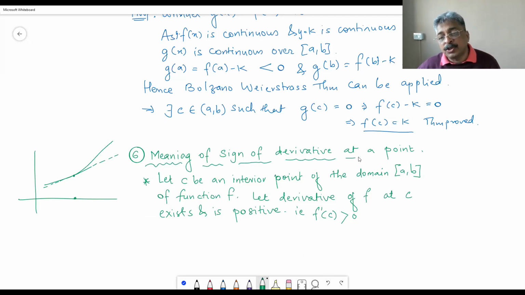If the derivative is positive, what is the meaning of that? First we have to think and find out what the meaning is, and then if our thinking is correct, we have to write mathematically why it is correct. So I give you 4-5 minutes to think about it. Thinking is easy, but coming up with the algebraic proof of why your thinking is correct is necessary.